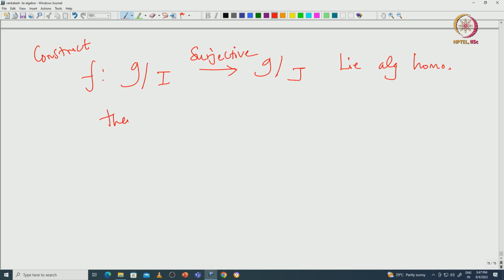Then if you show the kernel of F is J modulo I, then we are done, using the first isomorphism theorem.